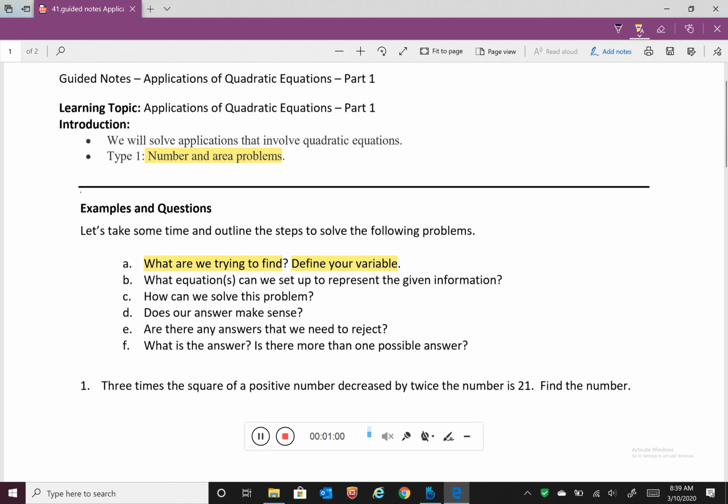The next step is to determine what equation or equations we can set up to represent the given information, and then how we can solve this problem. Then always make sure that if I found an answer, it actually makes sense.